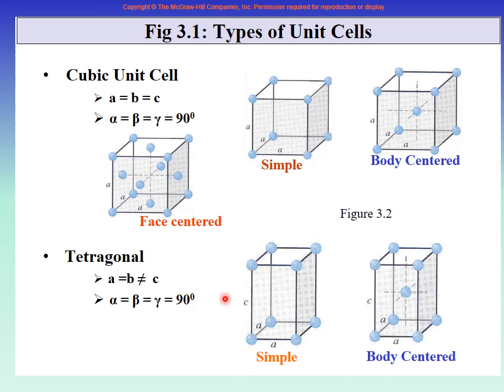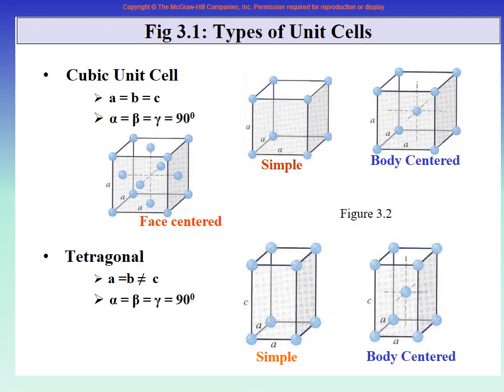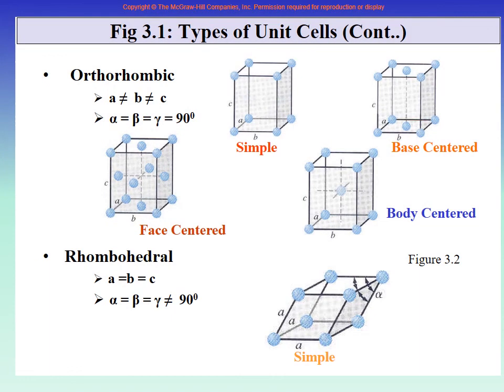C is unequal. So when we say A is equal to B, we say that A is equal to A in this, right? So again, in this, there could be simple tetragonal, body centered tetragonal. So cubic and tetragonal. Let's proceed.